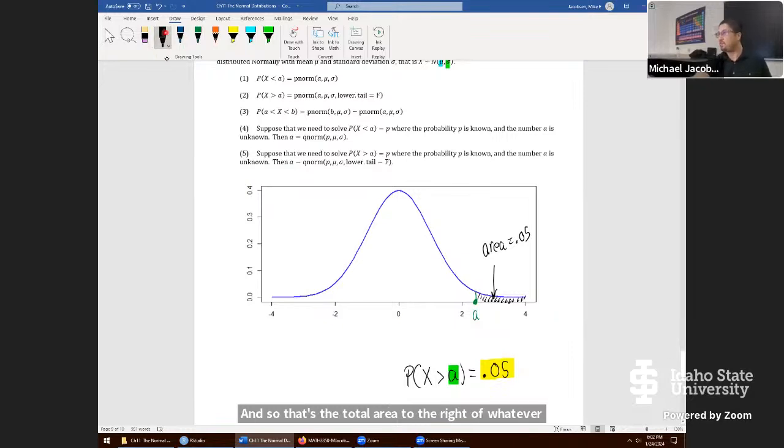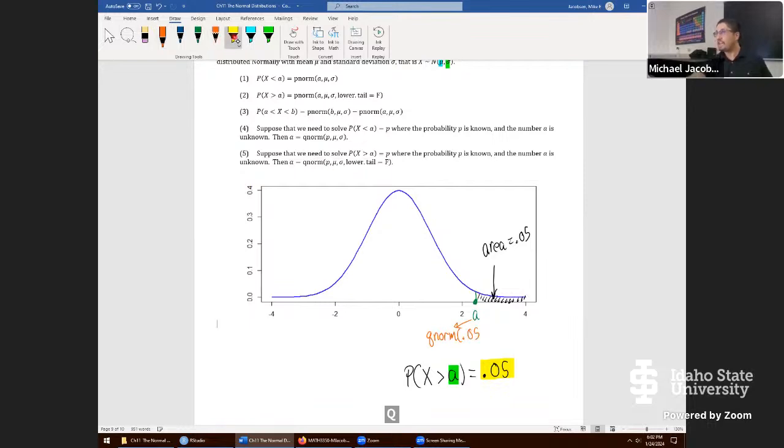Then finally, what the syntax part 5 is saying, if you want to solve for this quantity A, then really that's all you have to do, that Q-norm function right there. So A is going to be equal to Q-norm 0.05. We give it the area first inside that function.